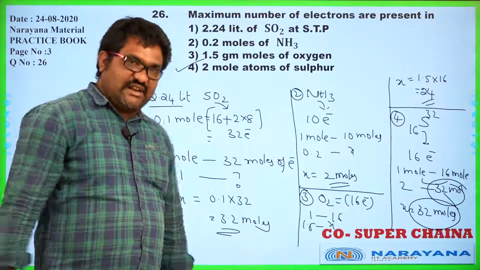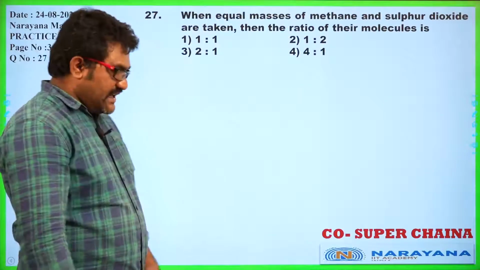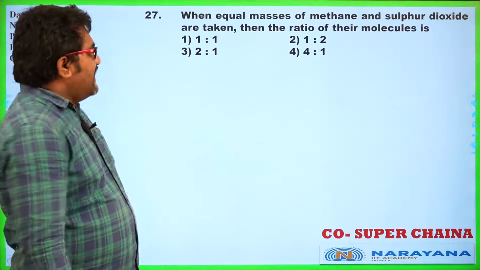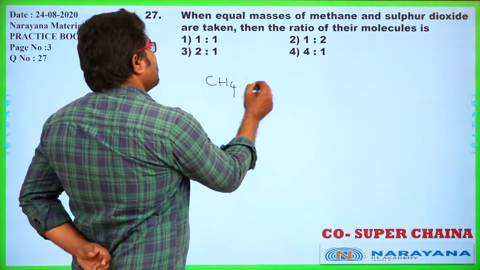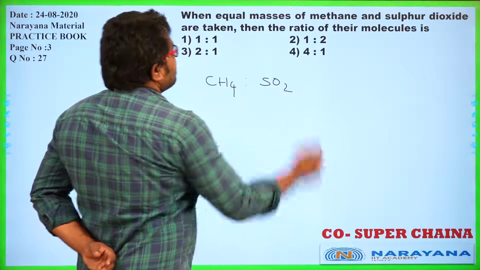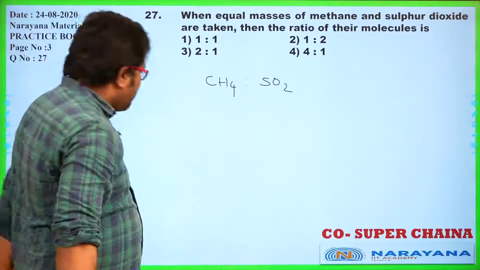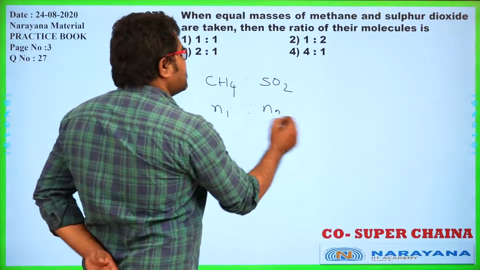Okay, let us go for the next question. When equal masses of methane and sulfur dioxide are taken, what is the ratio of their molecules? Methane is CH4, sulfur dioxide is SO2. The molecules are present in their number of moles ratio.